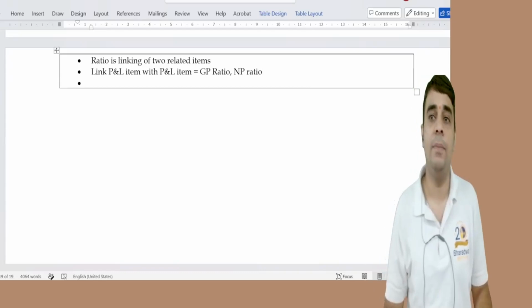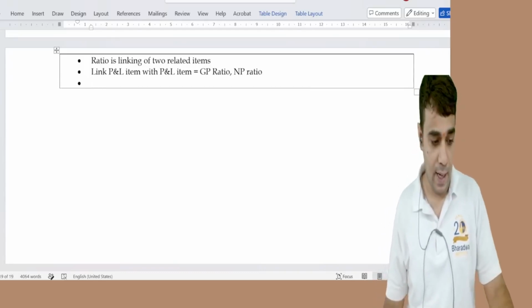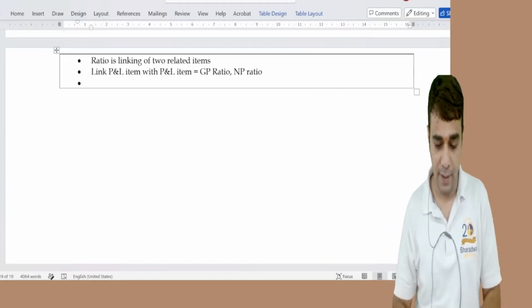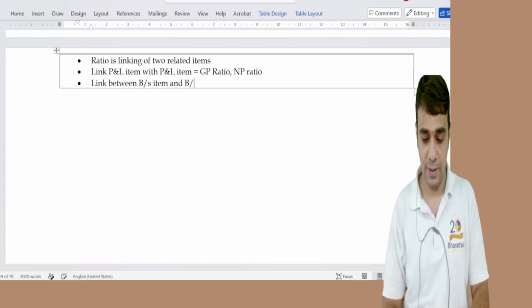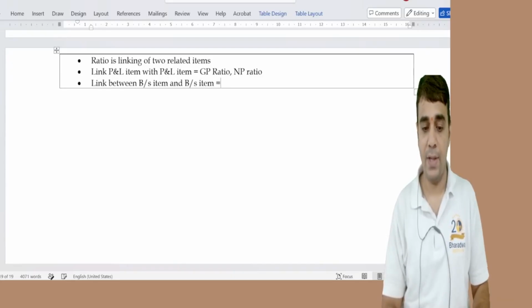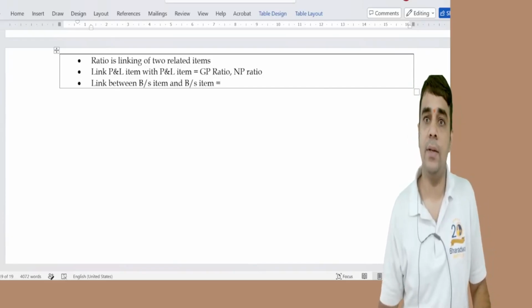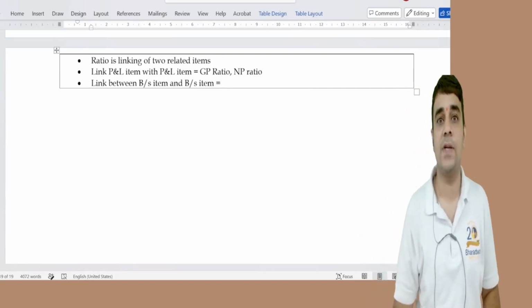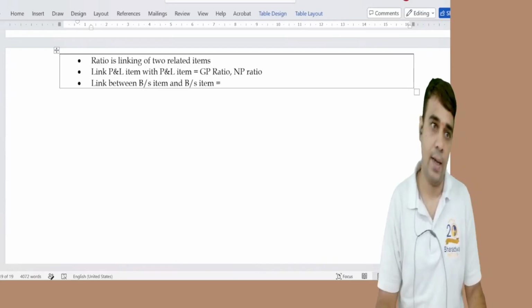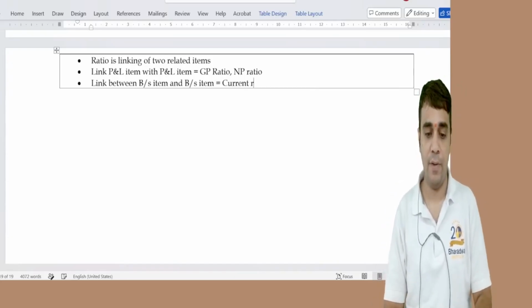The link could be between a P&L item and another P&L item. I may go ahead and find a link between a balance sheet item and a balance sheet item. Two balance sheet items may be linked together, where I may want to link the fixed assets with the current assets, and call it fixed assets to current assets ratio, or current assets to fixed assets ratio, which are common ratios you may be aware of.